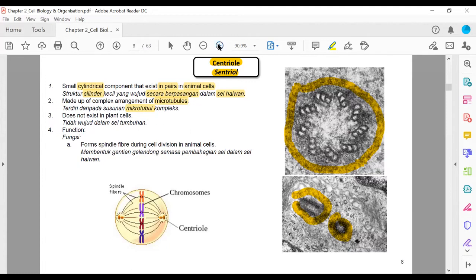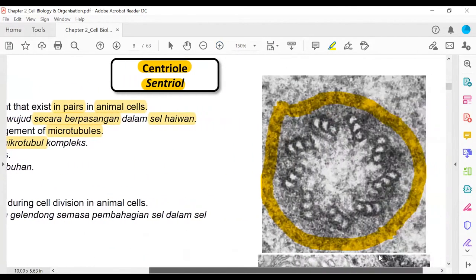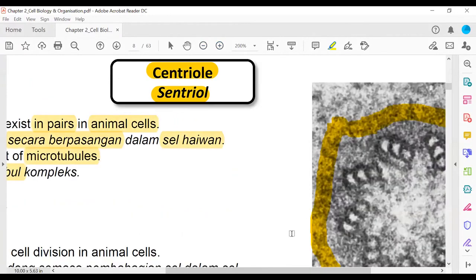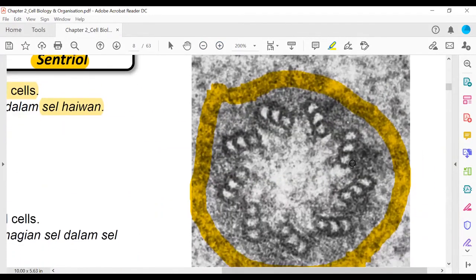Okay, hold on. Saya nak besarkan gambar ini sekejap. Okay, now. Kalau kamu tengok gambar ini, this is the micrograph of centriole. Okay, now untuk pengetahuan you, kamu nampak ada 3 bulatan di sini. 1, 2, 3.